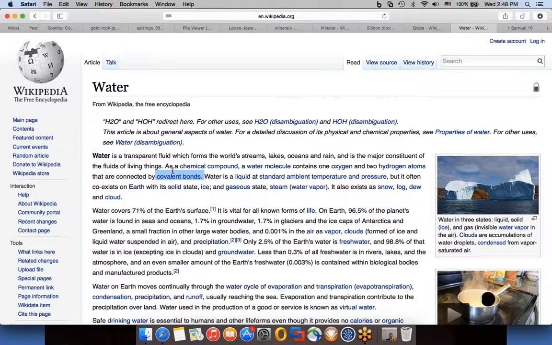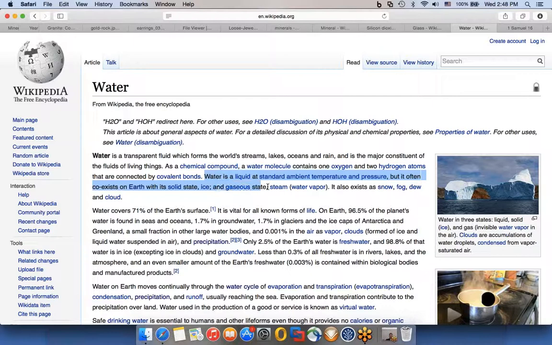So it has a very specific chemical structure, all right? It says that water is a liquid at normal temperature and pressure, and it also exists in a solid state and a gaseous state, okay? So water occurs in all 3 states.